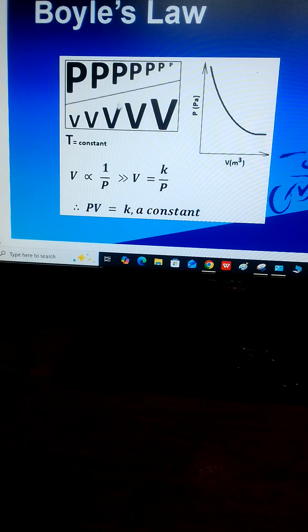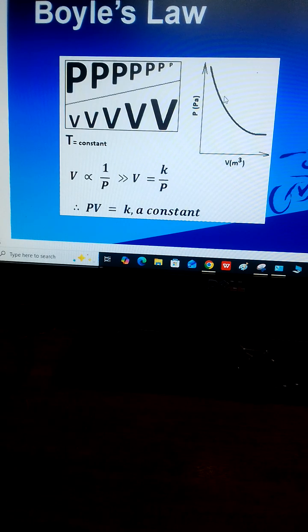So I've shown this graphically, that when the volume of a gas increases, the pressure decreases. When the pressure decreases, volume increases. All right? That is Boyle's law. Temperature does not change, it is constant.